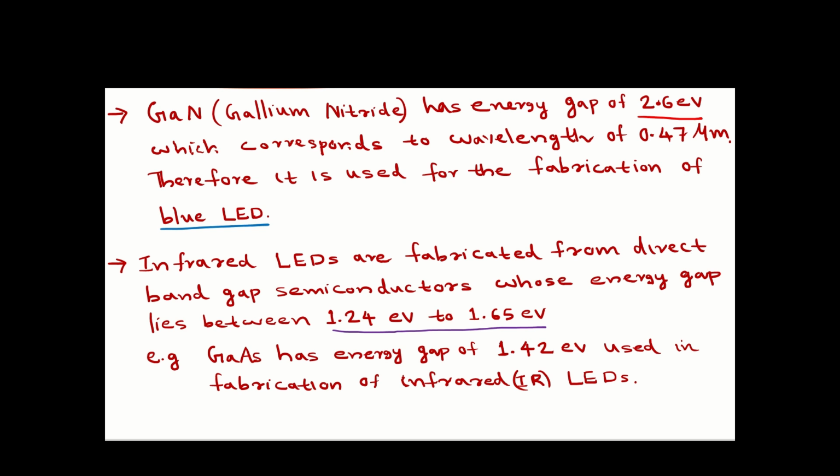For example, gallium arsenide has an energy band gap of 1.42 electron volt and is used in the fabrication of IR LEDs. IR means infrared. So remember, depending on the value of energy band gap, the LED emits infrared light or visible light, and the variation in the color of visible light also depends on the band gap energy.